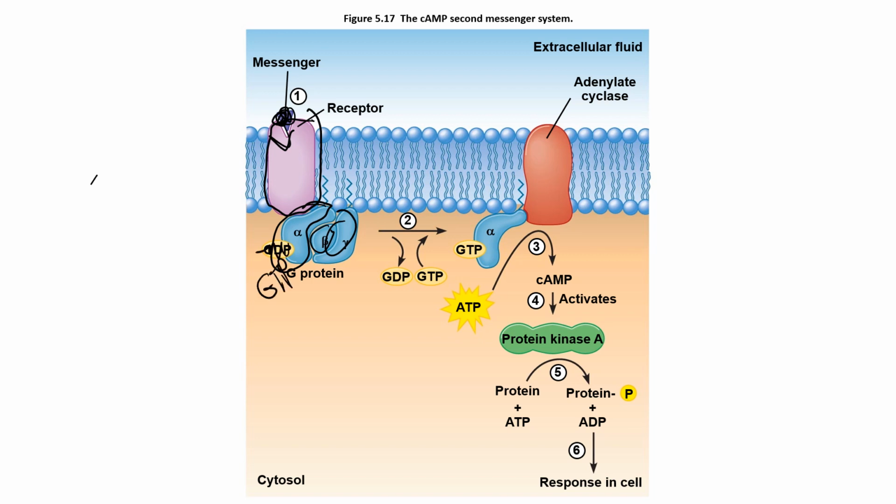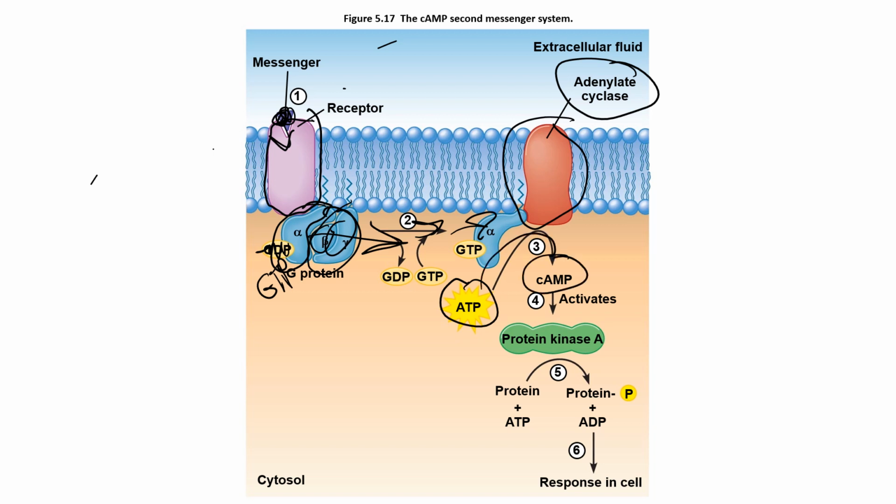Then the alpha subunit travels along the intracellular side of the plasma membrane and activates an enzyme that's actually another integral protein, called adenylate cyclase. What adenylate cyclase begins to do is turn ATP into cyclic AMP.